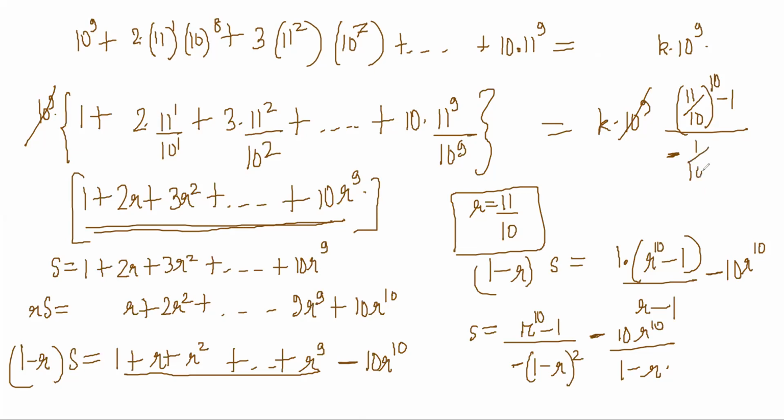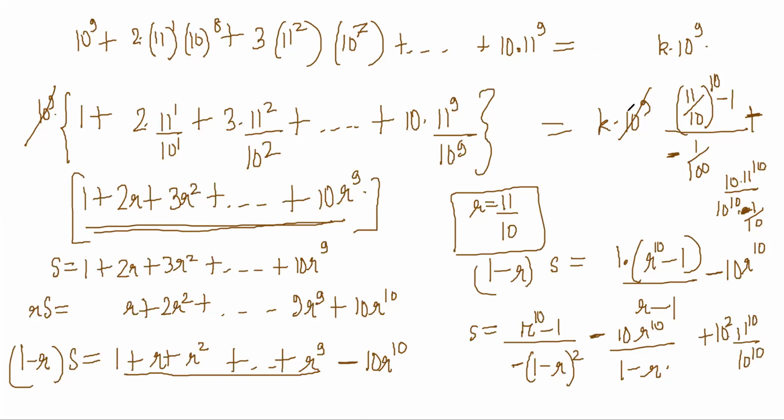So minus 1 by 100 minus 10 into r power 10, 11 power 10 by 10 power 10 into 1 minus r, which is again minus 1 by 10, no? And there is a minus sign on top. So this is a plus now. So I have a plus 10 square into 11 power 10 by 10 power 10.